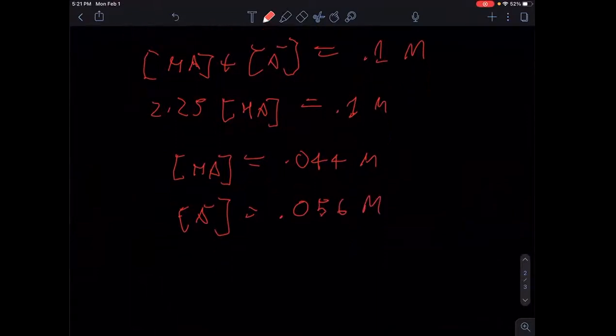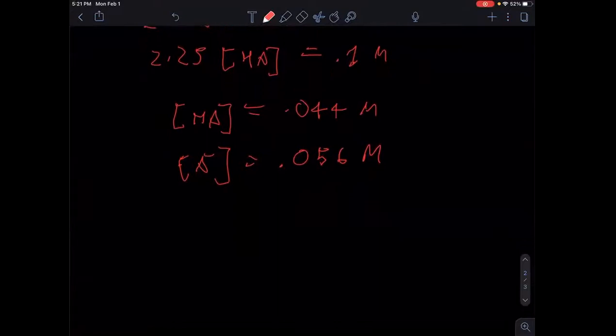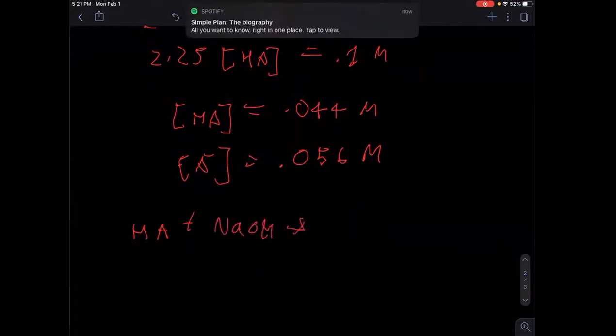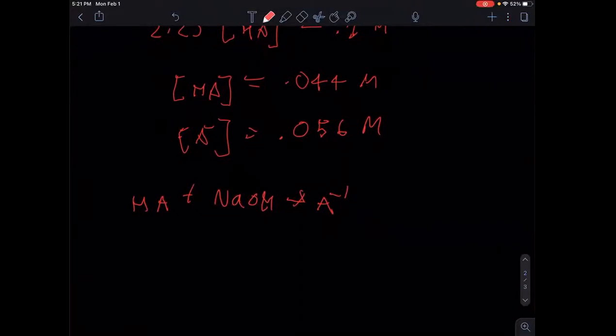Yeah. So we have this amount of things. What gave us A minus, right? So just by approximation, we're saying this is 0.044, this is 0.056, and we should start off where we started.